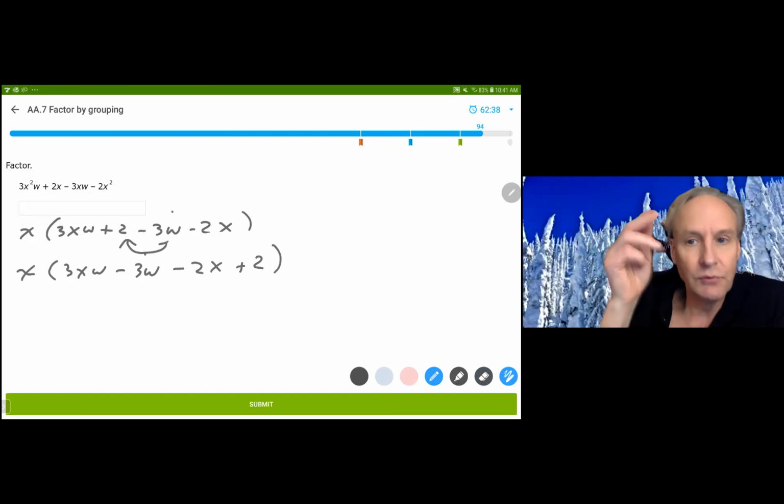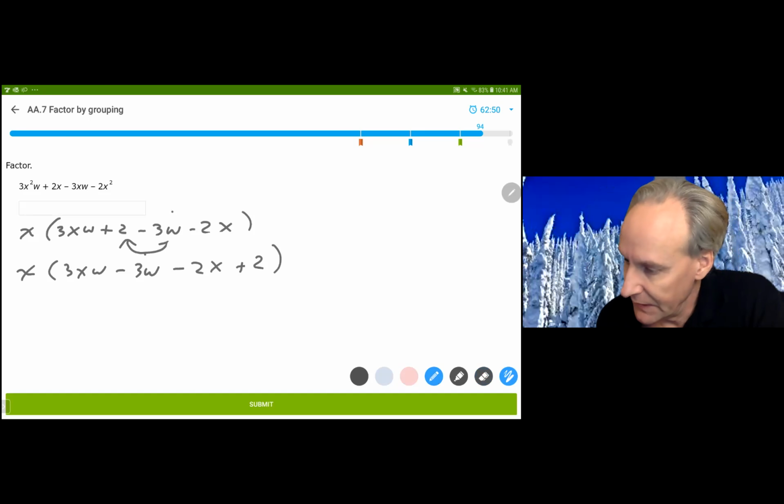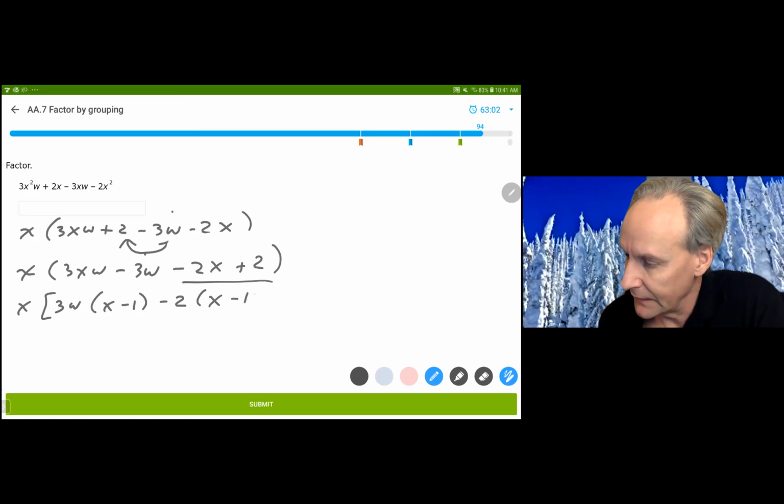Notice that you can move terms around because they're really negatives being added instead of subtracted. Take out my 3w from the first pair, and I have an x minus 1 left. Take a negative 2 out of my second pair, and I have an x minus 1 left.